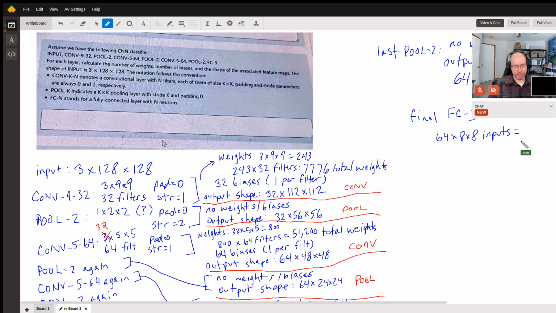If you multiply that out, 64 times 8 times 8 is 4,096 inputs. So you flatten those and just treat them as one long line of inputs. And you've got 3 units, so 4,096 times 3 units equals, is that 12,288 weights, I think.